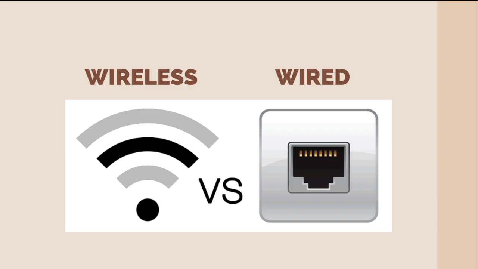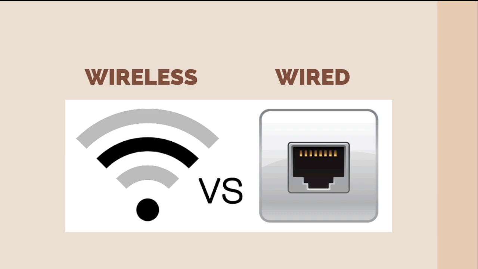Wireless versus wired. The main difference between wireless and wired technologies is the way in which data is transmitted between devices. Wired technology uses physical cables to connect devices, such as Ethernet cables, coaxial cables, or fiber optic cables.